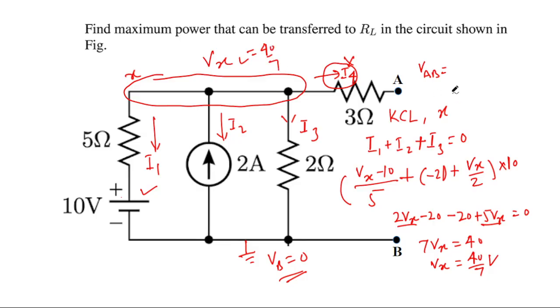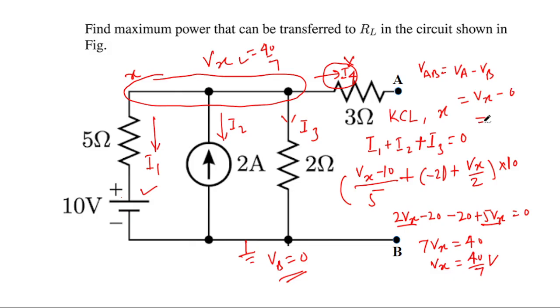The value of VA will be the same as the voltage of point X, because this 3 ohm resistance is open circuited and no current is flowing in it. So VAB is equal to VA minus VB, and VA is equal to Vx, and VB we have taken as 0.